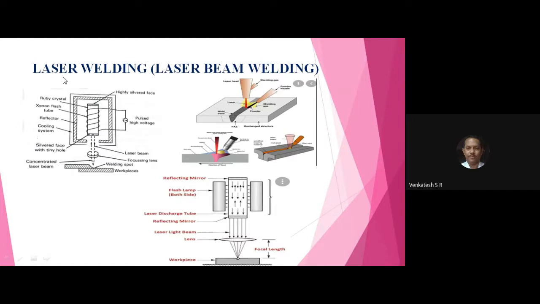So laser welding produces a clean, simple, and strong joint, but the initial cost of the equipment is very high, and an experienced worker is required. Other advantages and disadvantages are always present in any type of welding process.